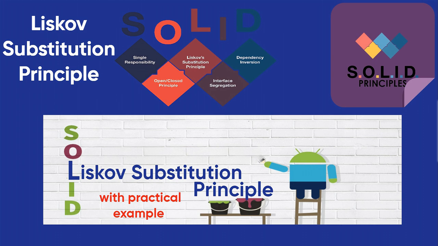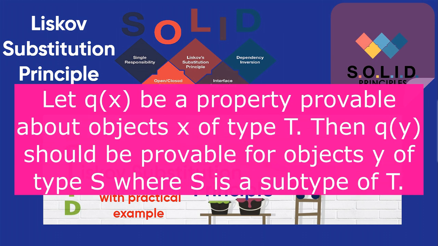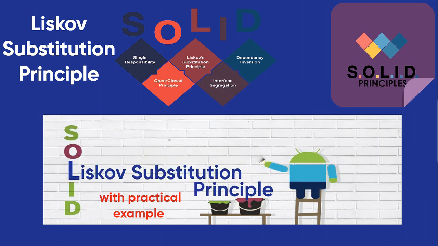The formal definition of Liskov substitution principle says, let Q(x) be a property provable about objects x of type T, then Q(y) should be provable for objects y of type S, where S is a subtype of T. So, it is a little bit confusing.